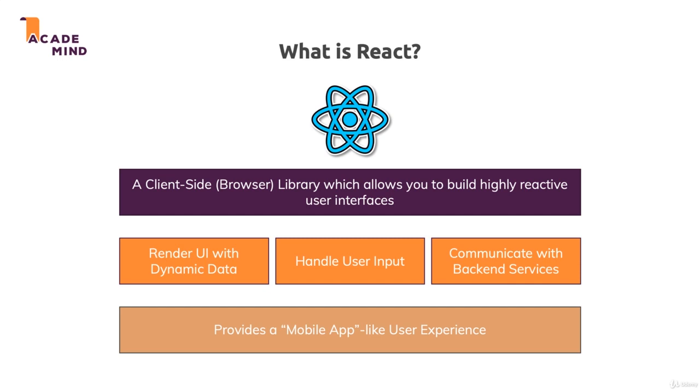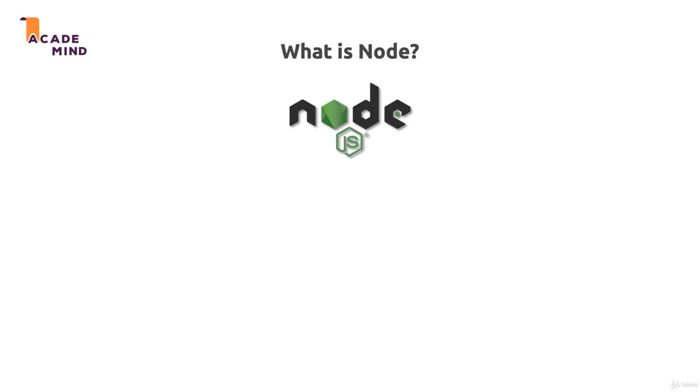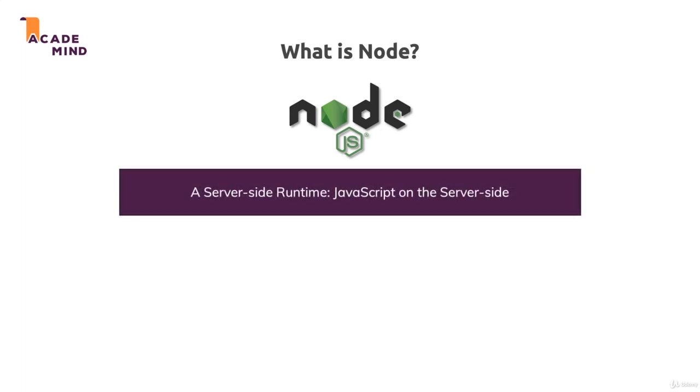Now what about the other technologies? What is Node exactly? It's a JavaScript runtime typically used or often used to create server-side JavaScript applications. Now, technically, that's not the only thing you can use it for, but it is one of the most prominent use cases and scenarios. You can use Node.js to execute JavaScript outside of the browser. And since it runs outside of the browser, you can, for example, use it to create a web server with it.